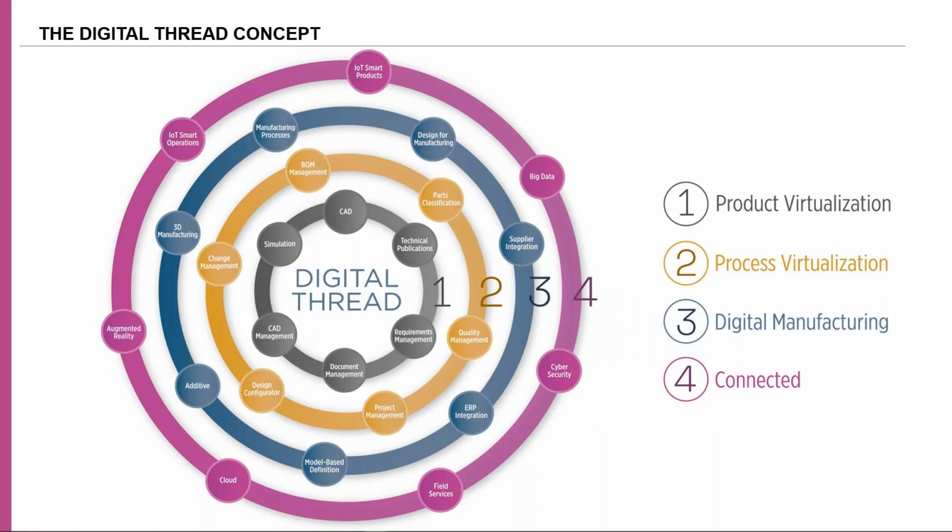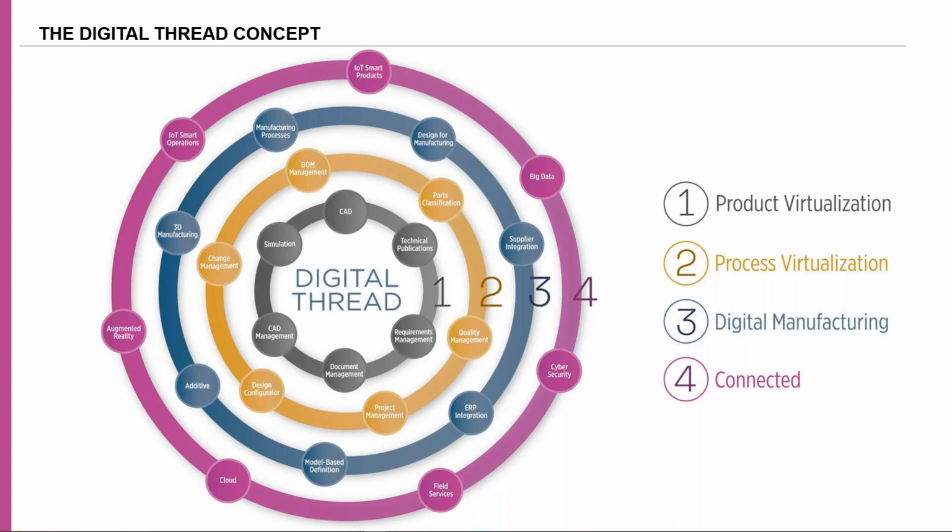One of the things that we are also focusing on quite a bit is the digital thread concept. What that simply means is weaving all of the different aspects of your product life cycle into a joint configuration. So everything from, you can see in the inner circle here, a lot of the engineering work: CAD, simulations, CAD management, document management, requirements, and technical publications.